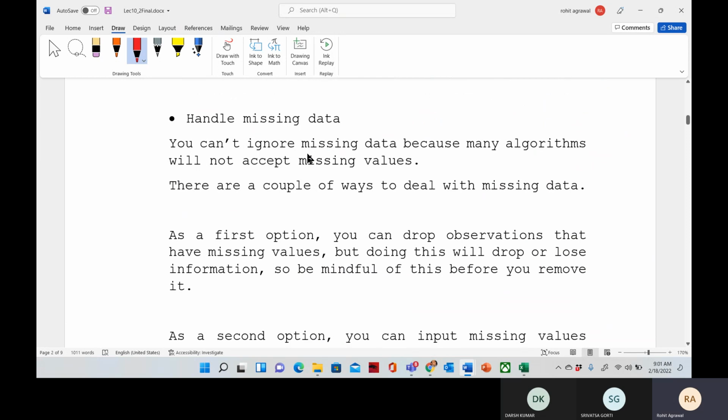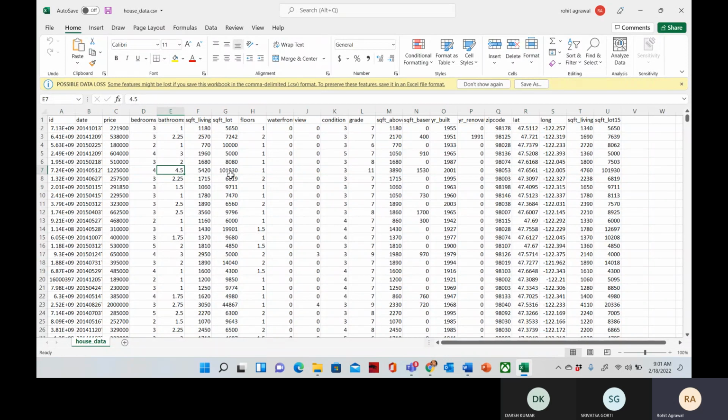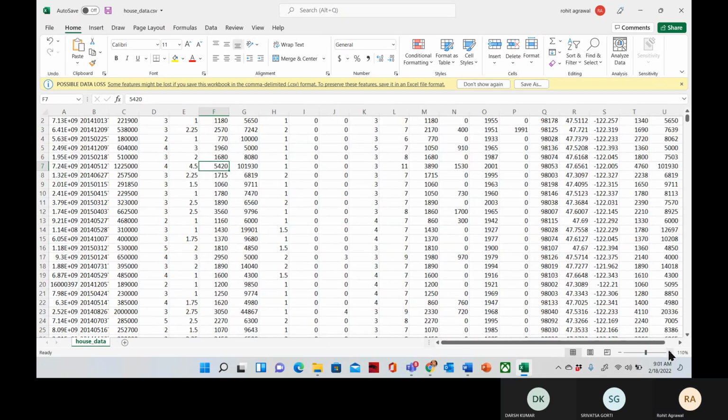Now missing data. Suppose this example again. Suppose for this house, this square feet living is not given to us, this entry is deleted. Can you see this highlighted? Yes, sir.